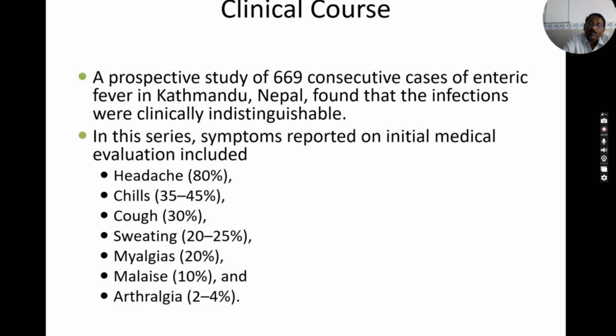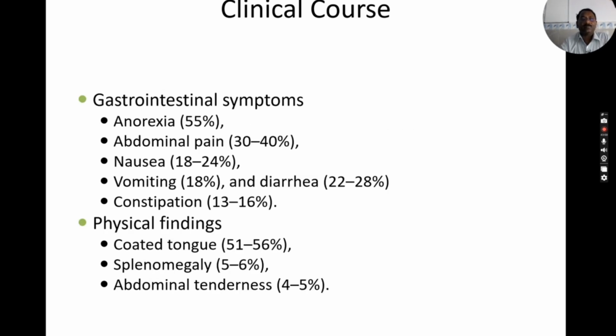Whereas in dengue, more arthralgia, more myalgia, more retroorbital pain, more of the fever, even without the rash also. Here in typhoid fever, you will have the fever, more headache, dry cough, and abdominal symptoms. Maybe constipation or diarrhea, mostly abdominal pain and diarrhea rather than constipation in our places.